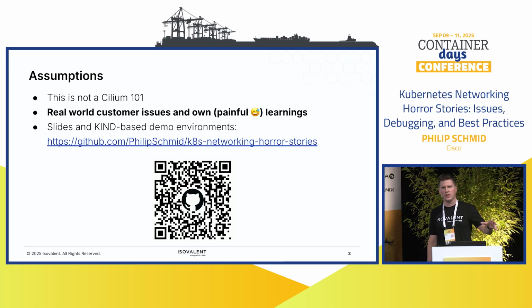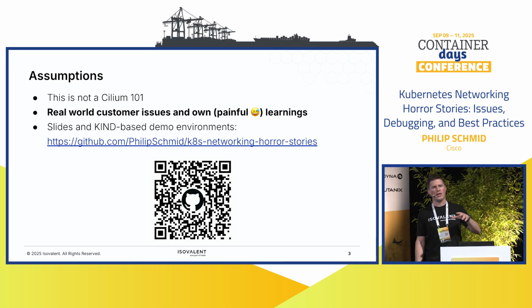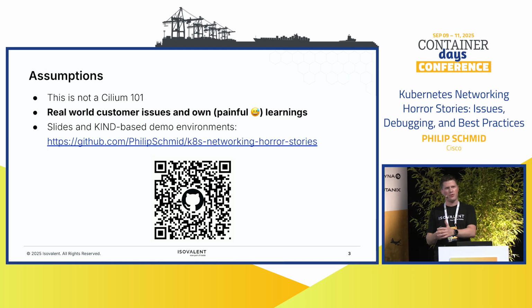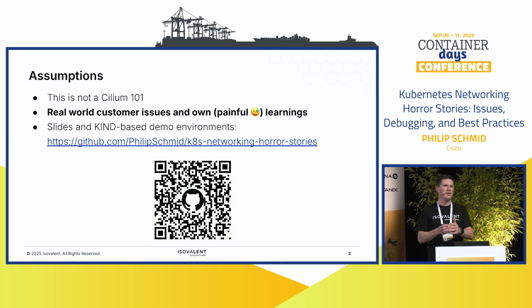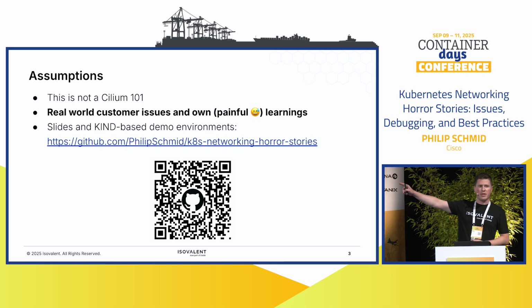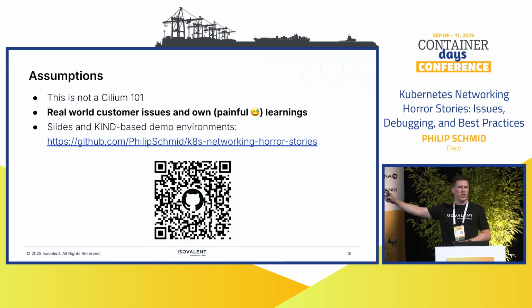That's why I used a reproduction environment based on kind to simulate the same failure behavior. With that, I was able to share all those reproduction steps with you in this public GitHub repository, in which I also share all the slides and including a fourth horror story for which we most likely won't have time during this session itself.